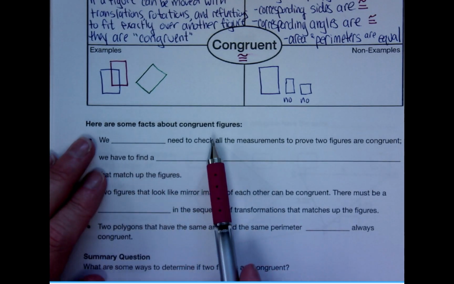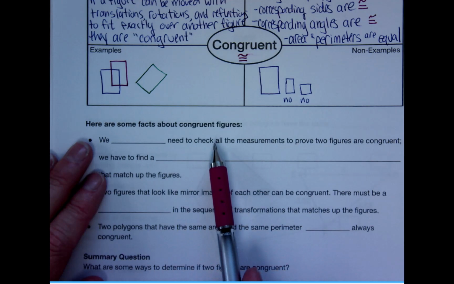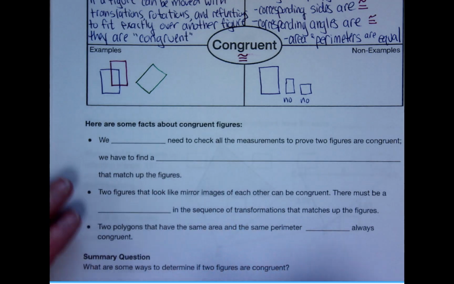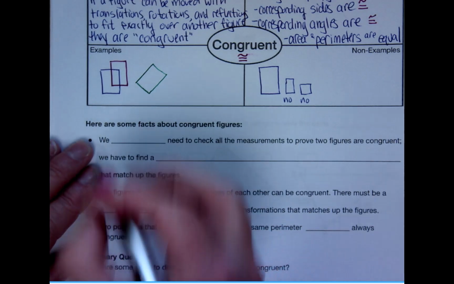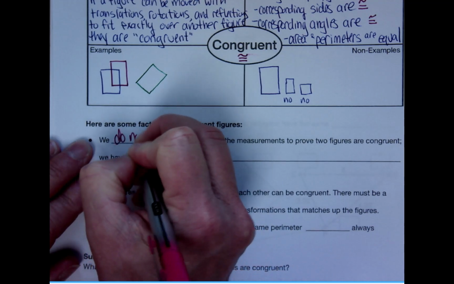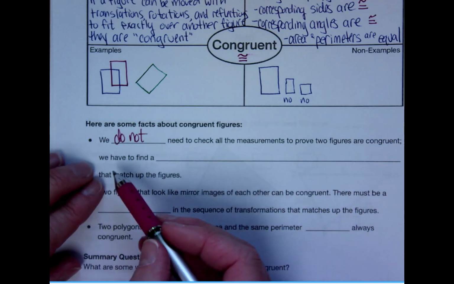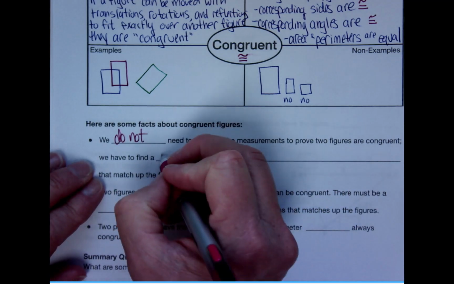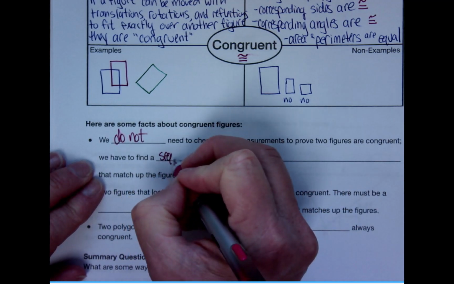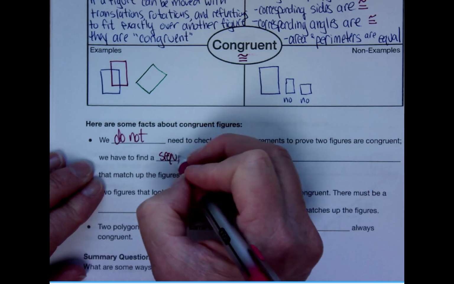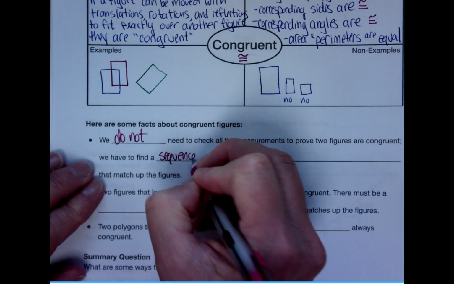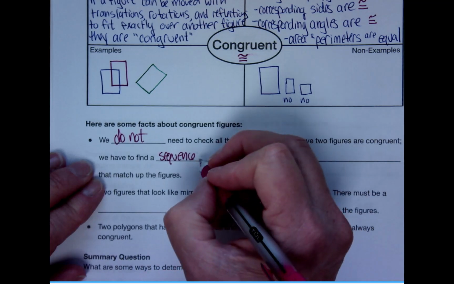Here are some facts about congruent figures. First of all, let's fill these things in. We do not need to check all the measurements to prove that two figures are congruent. We just have to find a sequence of rotations, translations, and reflections that fits one figure on top of another.